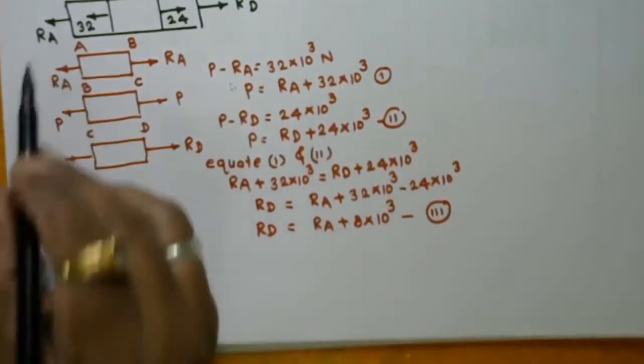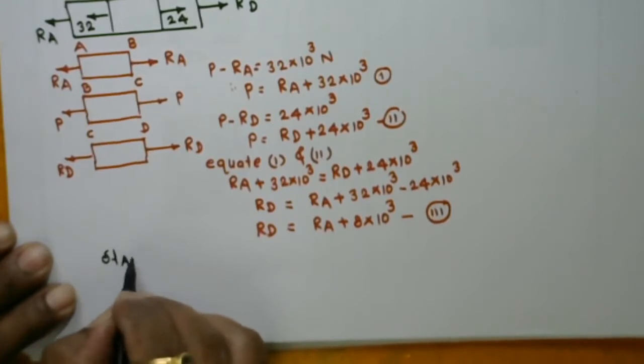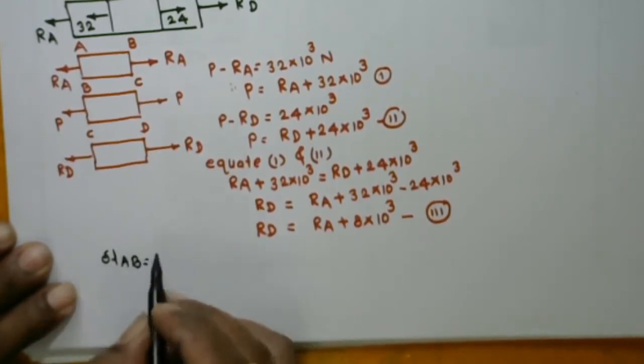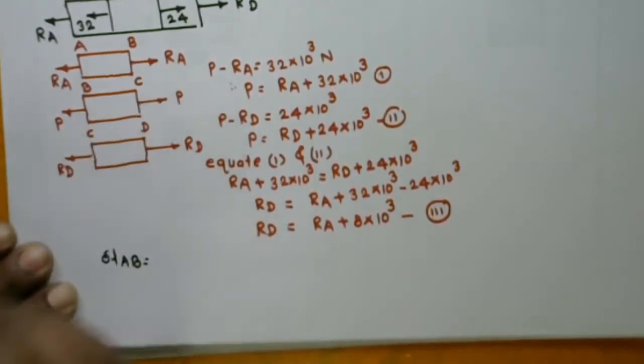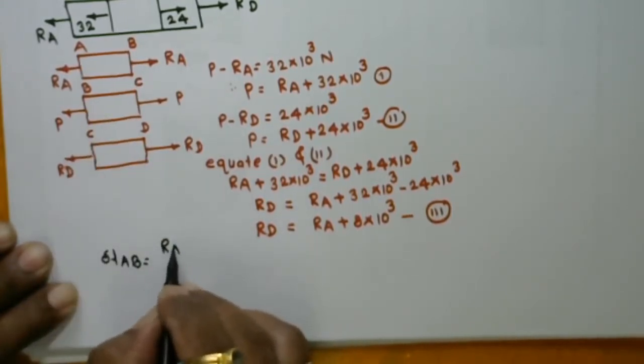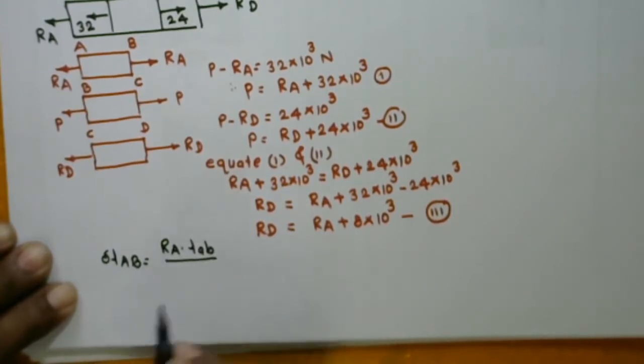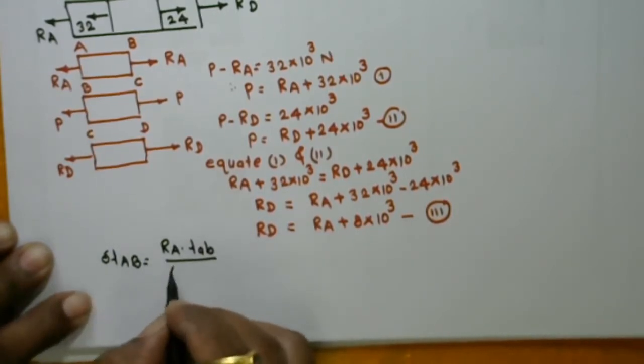Now delta LAB, the elongation of section AB. We may write that the force RA is acting at A, so delta LAB is RA into LAB upon AE, that is PL upon AE, the same equation we have to use.